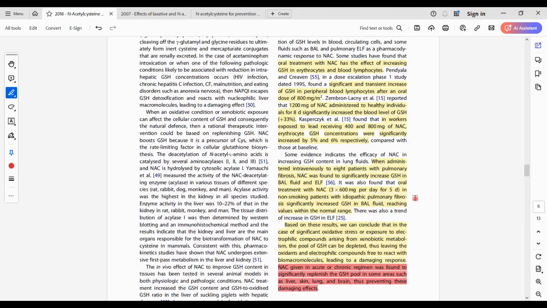So in patients that weren't smokers that had fibrotic lungs that was unexplainable, when they gave them 600 milligrams 3 times a day for 5 days of NAC, they had a significantly increased glutathione level in their lung fluids, to the point that they reached normal glutathione levels in the lungs.